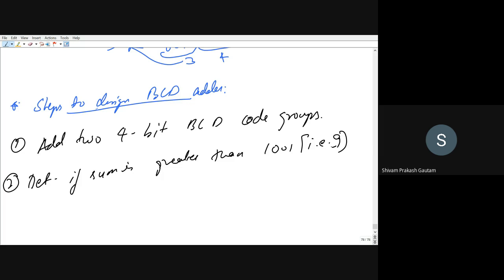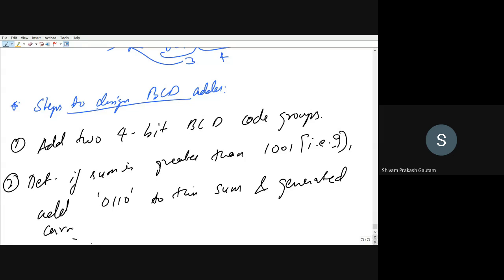If it is greater than 1001, then add 0110, that is 6, to this sum and generate carry to next decimal position.